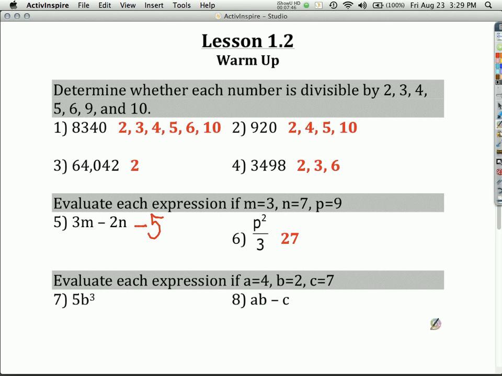Big difference. Chanel? 40. So now we have a disagreement. We got 100,000, we got 40. A couple people say 40. What do you think, Michael? 40? The correct answer is 40. I read it wrong.